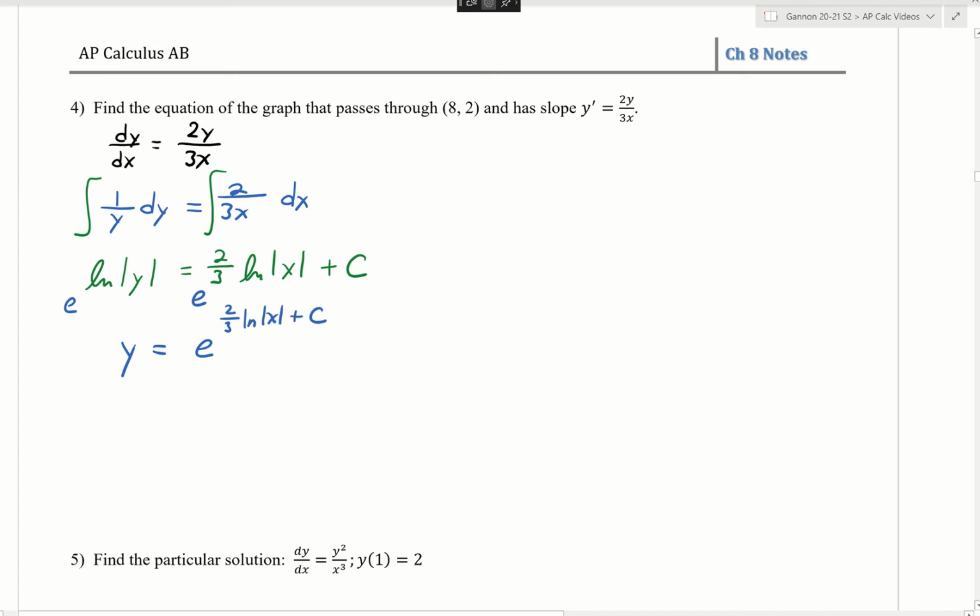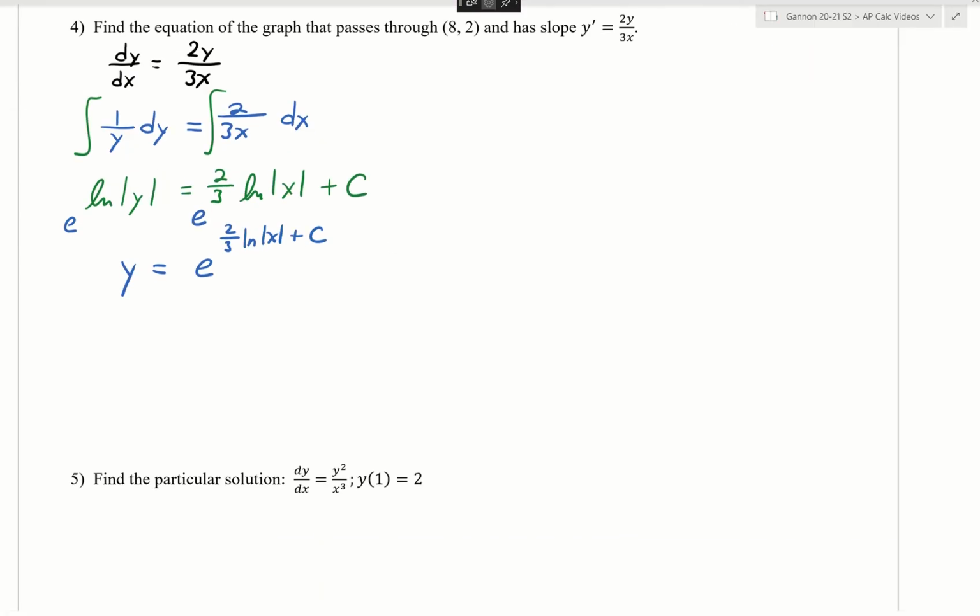Now you might remember from before a couple things. That c can come out in front as the constant, okay? Because you could write it as e to the 2/3 ln of x times e to the c. But e to the c is just a constant because we haven't figured it out yet. So if we do that, we've got y equals c e to the 2/3 ln absolute value of x.